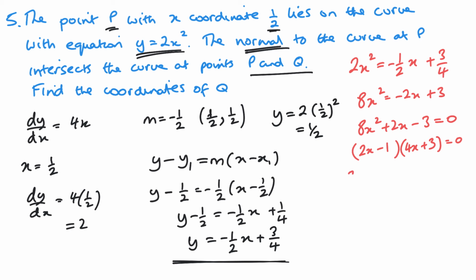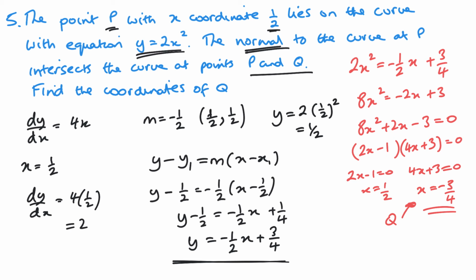So we get 2x minus 1 equals 0, x equals a half, 4x plus 3 equals 0, x equals negative 3/4. This is now our value for Q, as we already had the half.